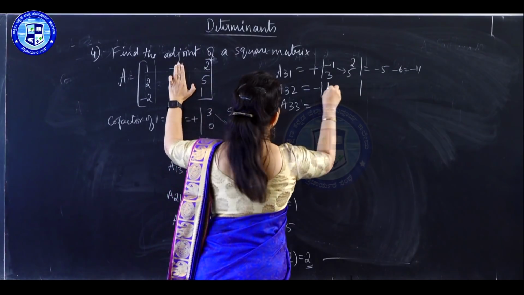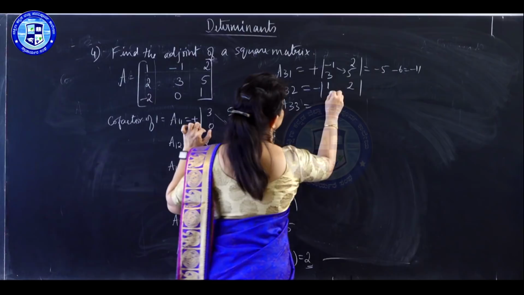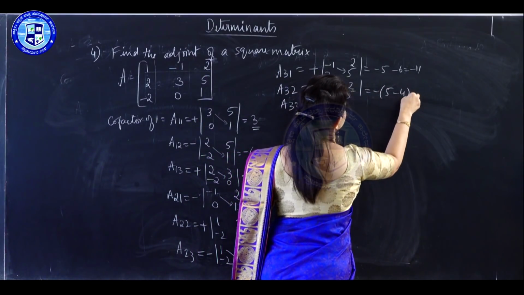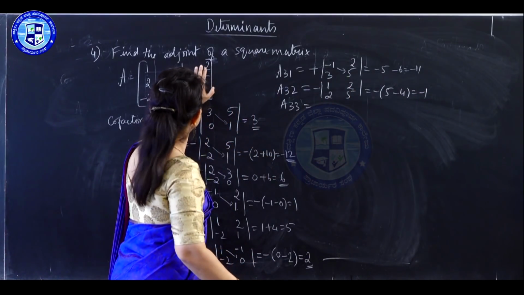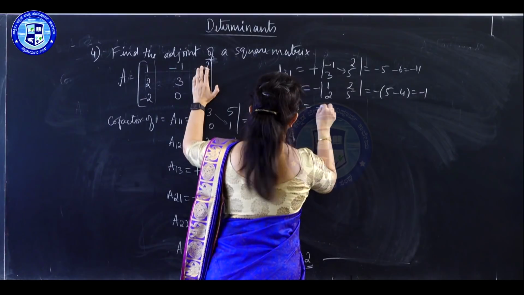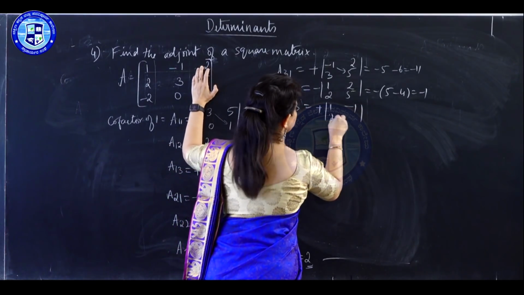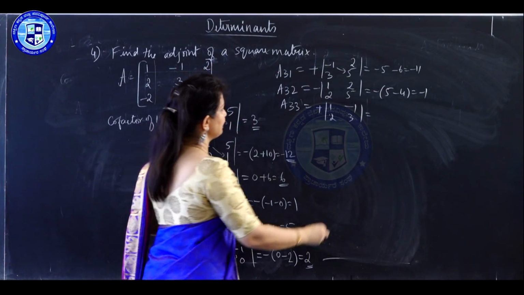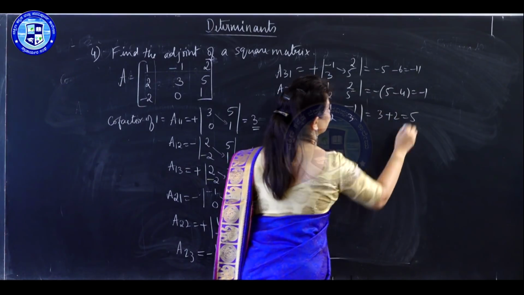We will have 1, 2, 2, 5, which is minus of 5 minus 4, that is minus 1. A33: delete the third row and third column. It is plus, with 1, 2, minus 1, 3, which is 3 minus minus 2, that is 5.